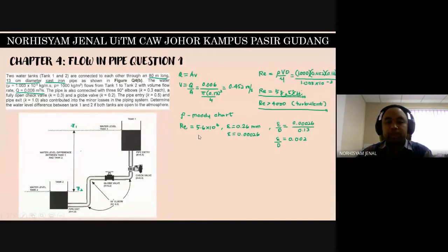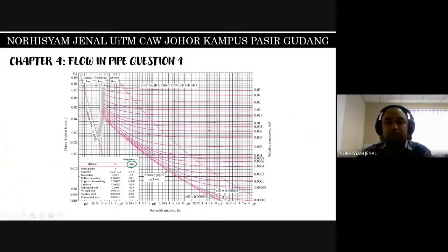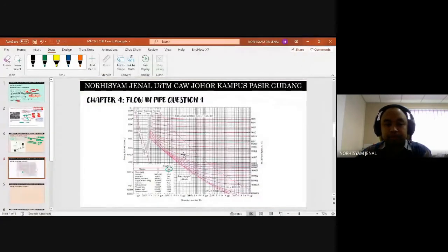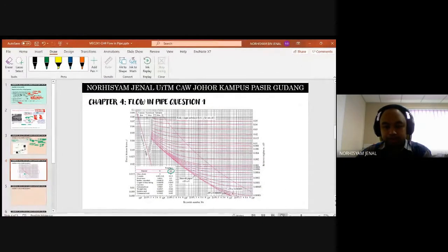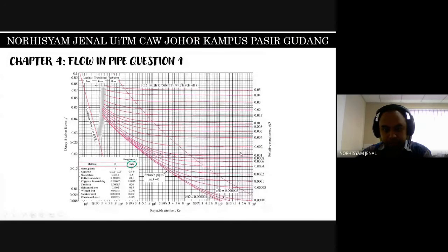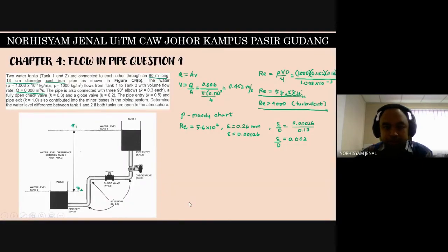When we get Re in this term and epsilon over D in this term, we can use the Moody Chart. The Moody Chart is here. First I need to find Re, which just now is 5.6 times 10 to the power of 4.